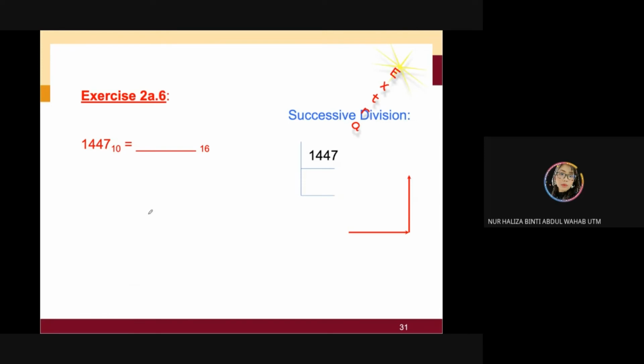So there is another example for your conversion to hexadecimal. You can see over here, I don't have a calculator. Basically, the most important is the steps. As long as you know the steps, you can divide by yourself, and check whether it has a remainder or not.